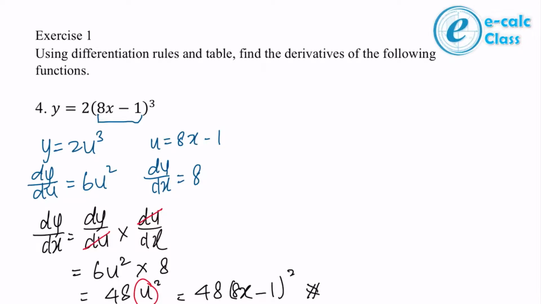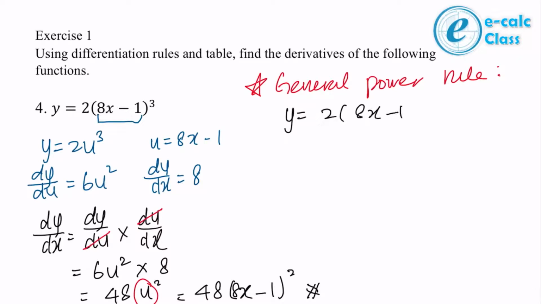Actually from chain rule, we also derive a general power rule. I will use the same example here. For the general power rule, it's the same thing: bring down the power, 2 times 3 is 6, 3 minus 1 is 2.